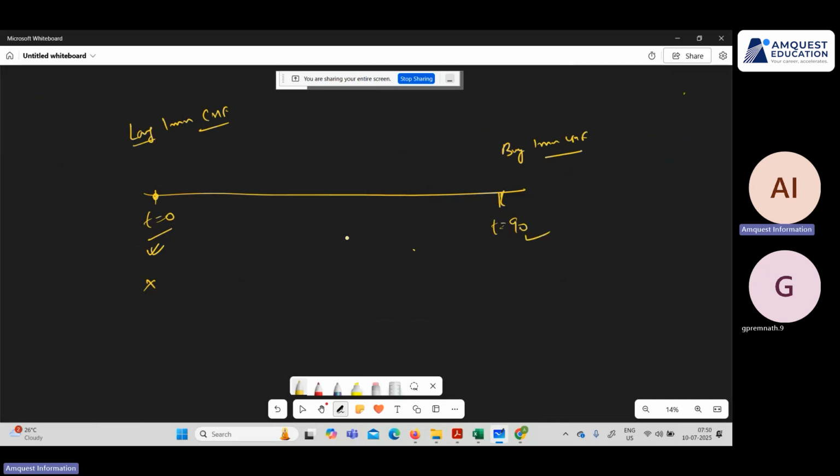Is that correct? Now, what I'm saying is, ideally, under normal circumstances, on this t equal to 90, I would have bought 1 million CHF and I'll exchange it with appropriate USD. Is that correct?